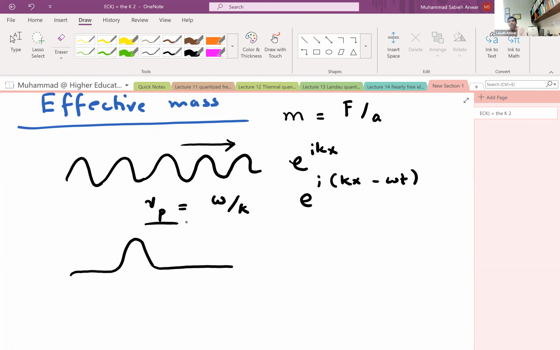This phase velocity Vp can, by the way, be higher than the speed of light, but it is really the wave packet that matters. When an electron is moving inside a solid, these waves are simply quantum mechanical wave functions. An electron moving in a solid is really not a plane wave, because a plane wave has no beginning and no end. It just goes from eternity to eternity. It spans the entire space. But an electron really is a localized particle in a sense.